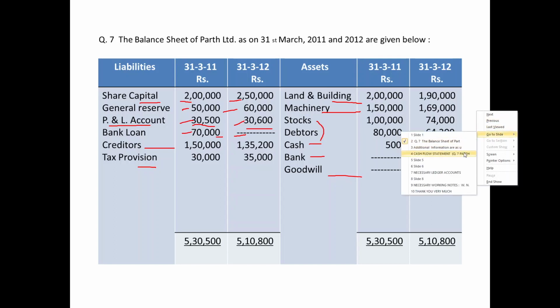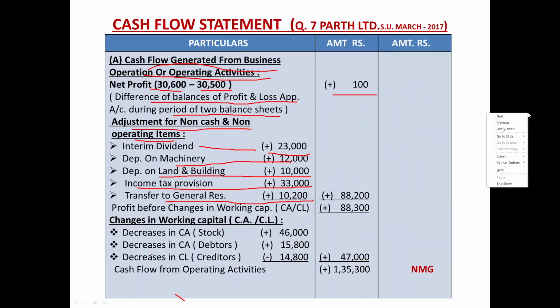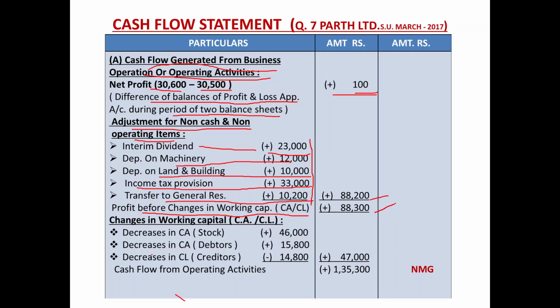Let us make the total of cash profit generated from business operation. Total of these 5 adjustments for non-cash and non-operating items, 88,200 plus. Earlier the profit was 100. So now cash profit from business operation before changes in working capital, or before changes in current assets and current liabilities, plus 88,300.